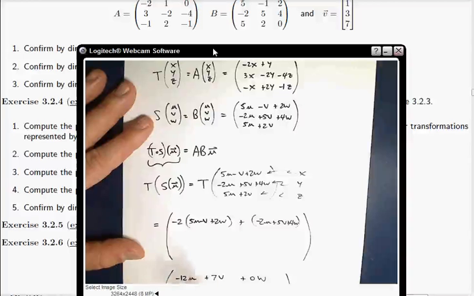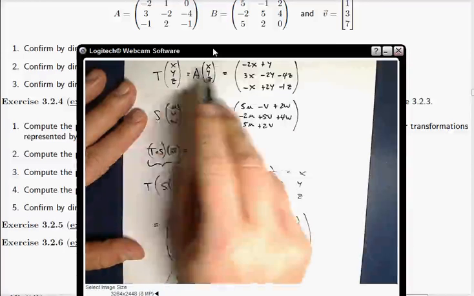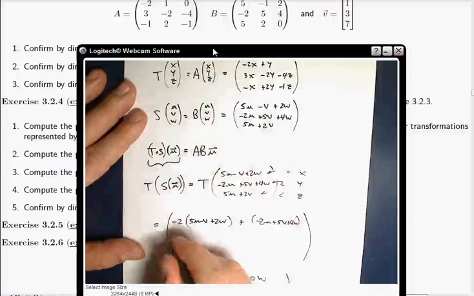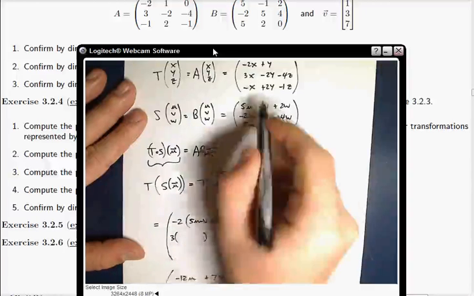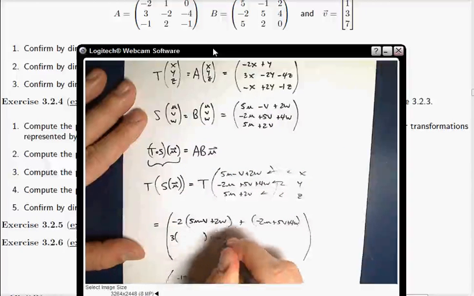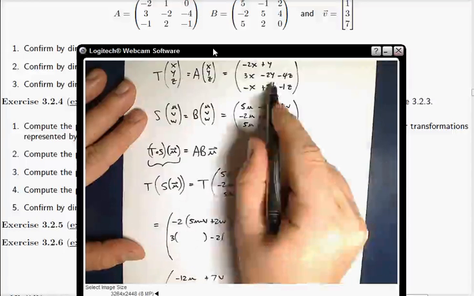And then keep going, right? You're going to have the formula for T. The second component is 3X minus 2Y minus 4Z.